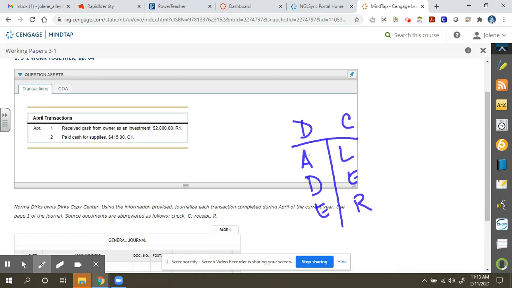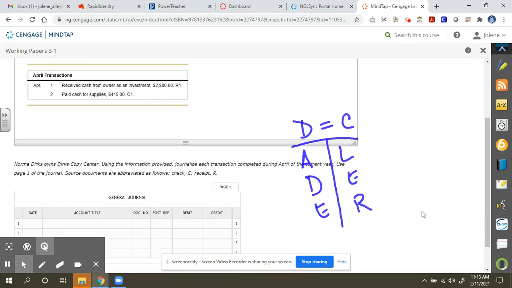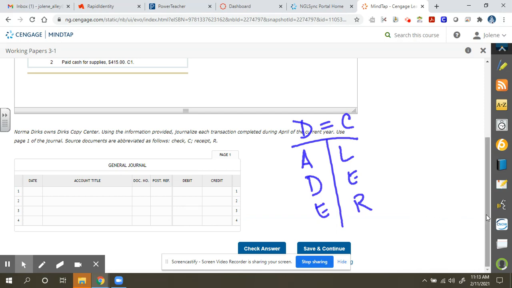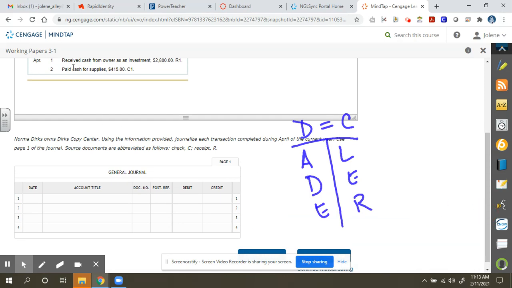This shows you which side each type of account increases. Assets, drawing, and expenses increase on the debit side. Liabilities, equity, and revenue increase on the credit side. So the opposite side is where it decreases. Debits always have to equal credits. Always, always.